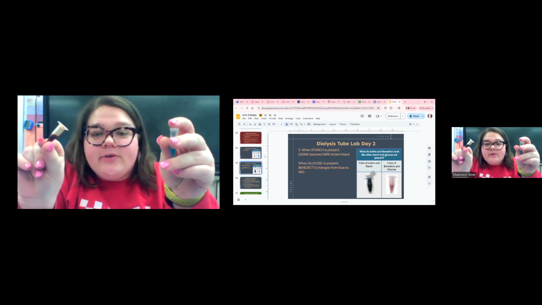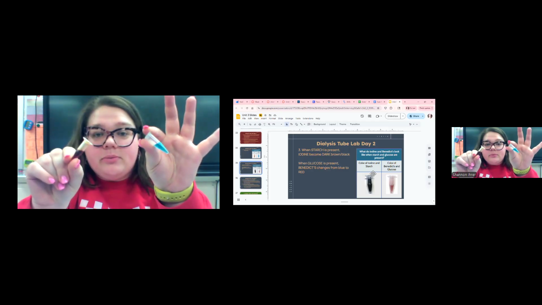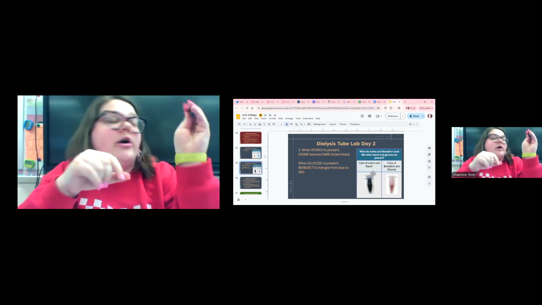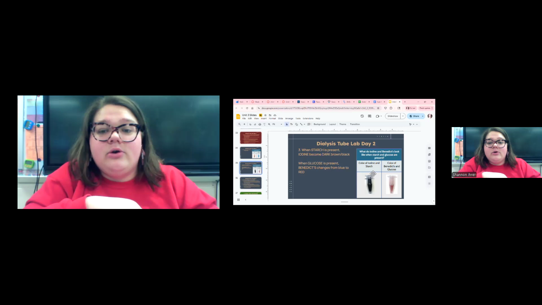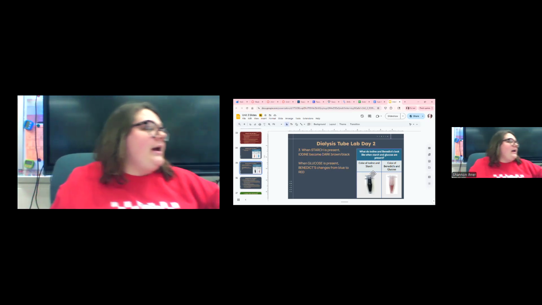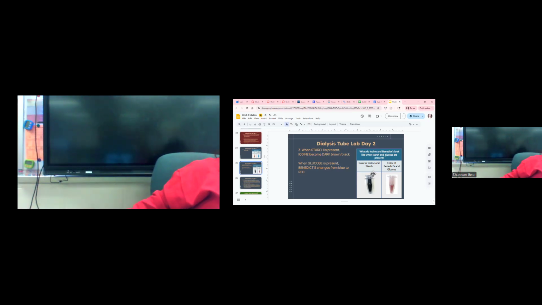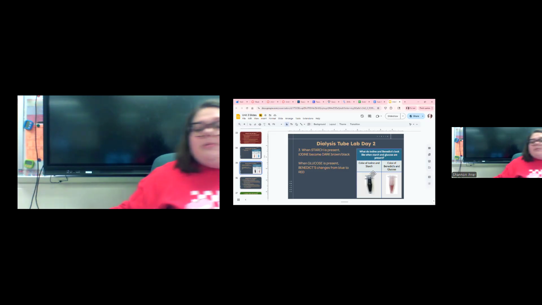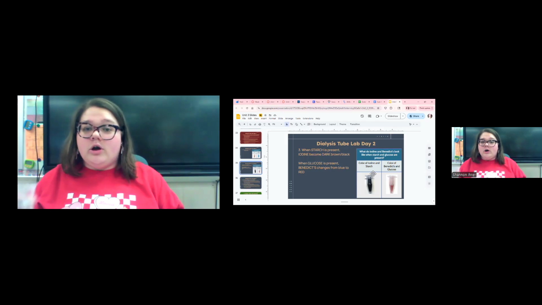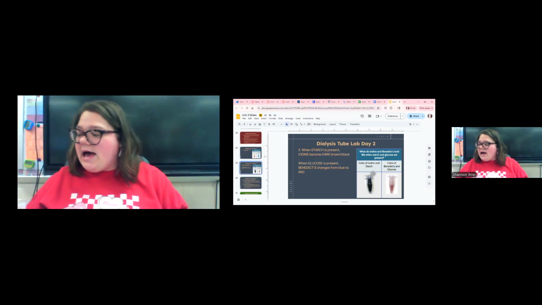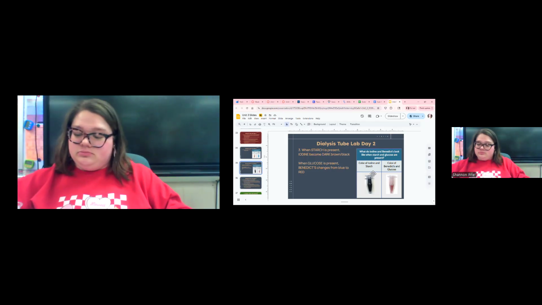This one's halfway filled with iodine, this one's halfway filled with Benedict's. And then we're going to pour some hot water over it, and we're going to look at it after the change. I'm going to heat up my water a little bit more. We are looking at just what is outside of the tube.